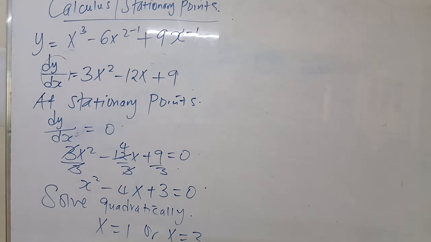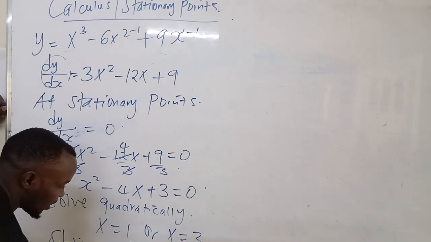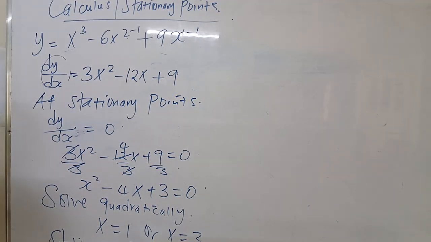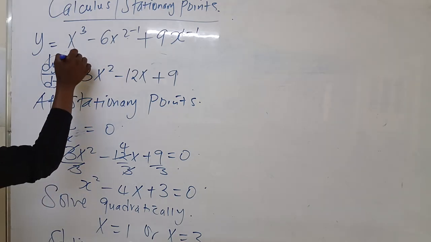So after getting the values of x, we can now find the values of y at the stationary points. So the first value of x is 1. Then if x is 1, what is y? We shall replace 1 in our original equation here.